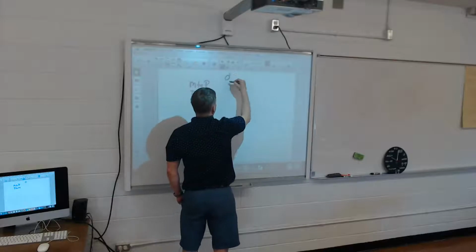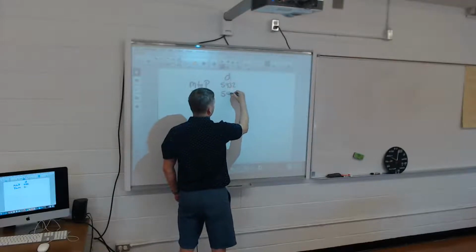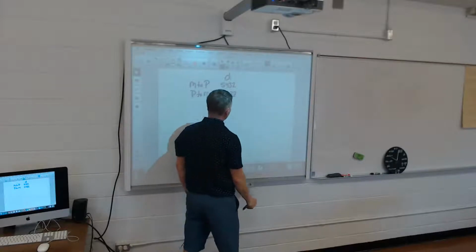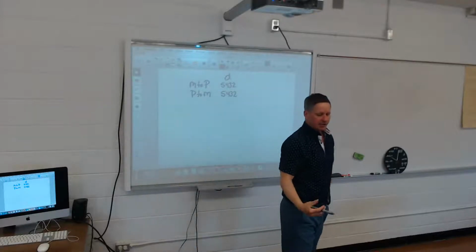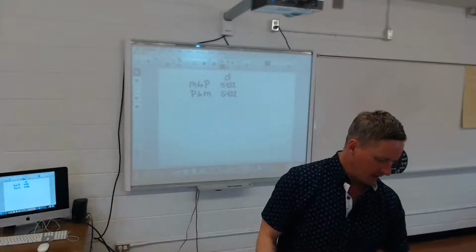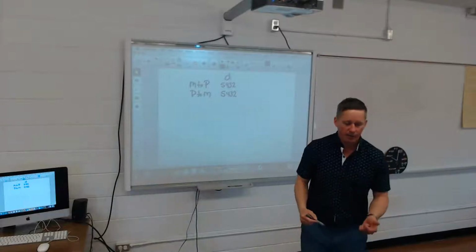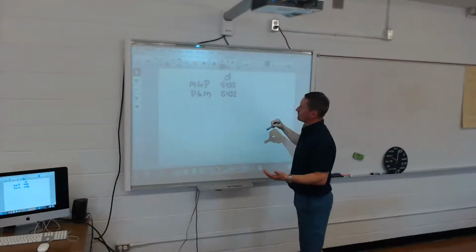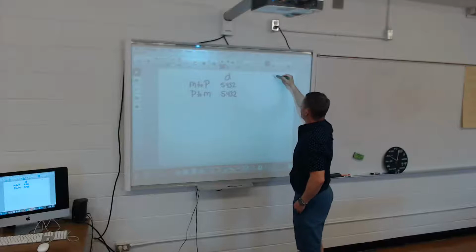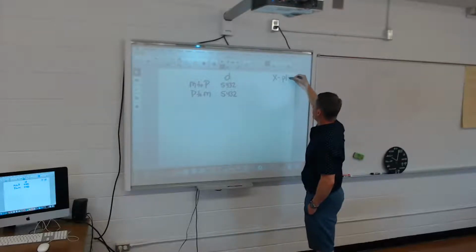The distance is the same for both, 5,432. The speed at which the plane flies, we're going to put as x. I should have written this as my first statement, my defining statement: x is going to be the speed of the plane, and y is going to be the wind speed.